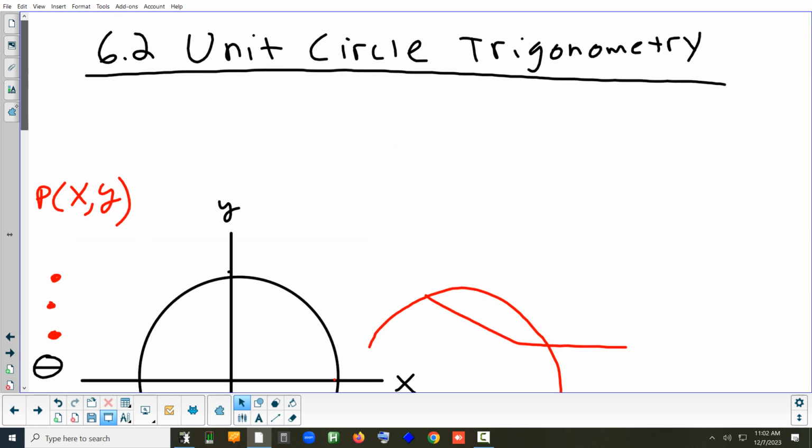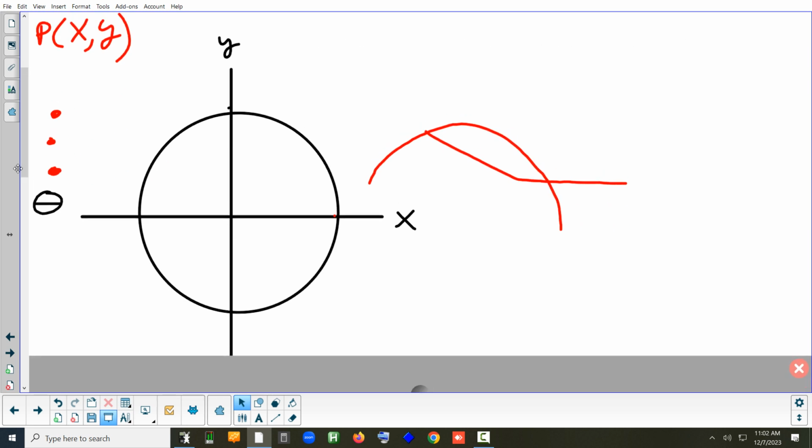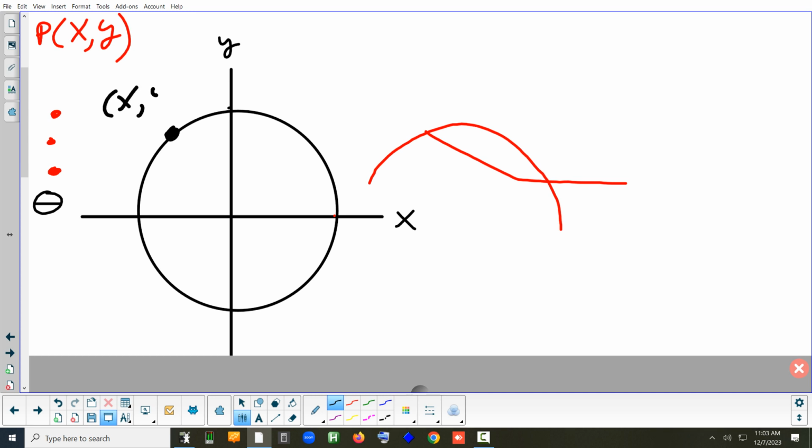So we're going to be looking at how to do trig on a circle with a radius of 1. Once you know how to do it on a radius of 1, you can do it on any radius. It's just 1 is the easiest. The numbers are easier to do in your head. The idea of unit circle trig is that you can put a point somewhere on the circumference of the circle, and that point has a coordinate.